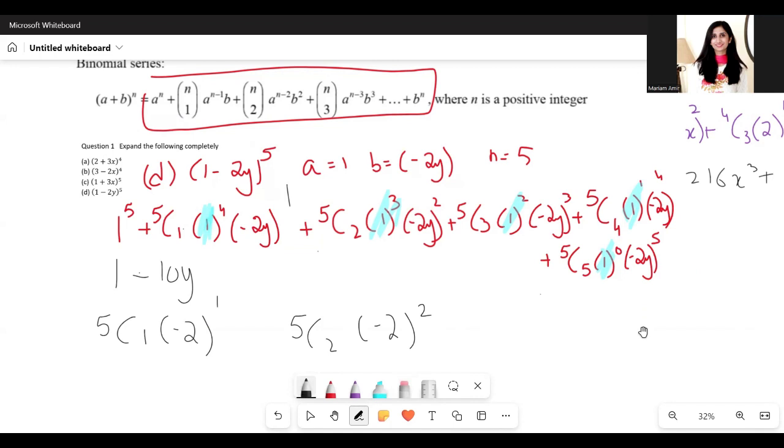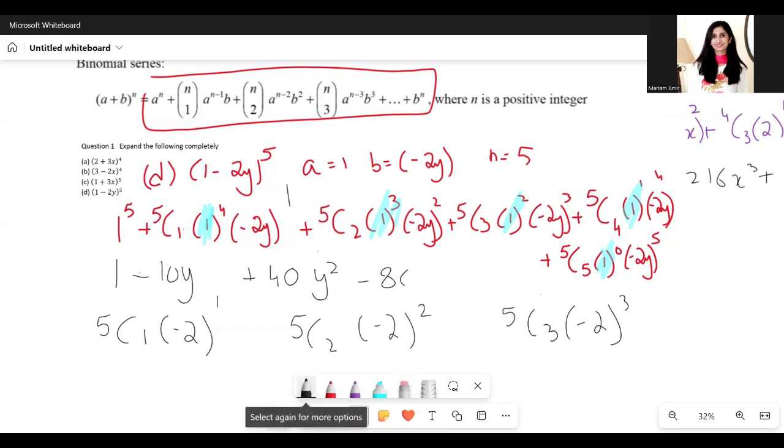When you enter it in your calculator, you'll get plus 40, and there's a y square from the question, plus 5c3 in the calculator, and then negative 2 cubed. That also gives a negative value. So after entering this in the calculator, we'll get negative 80 y cubed.